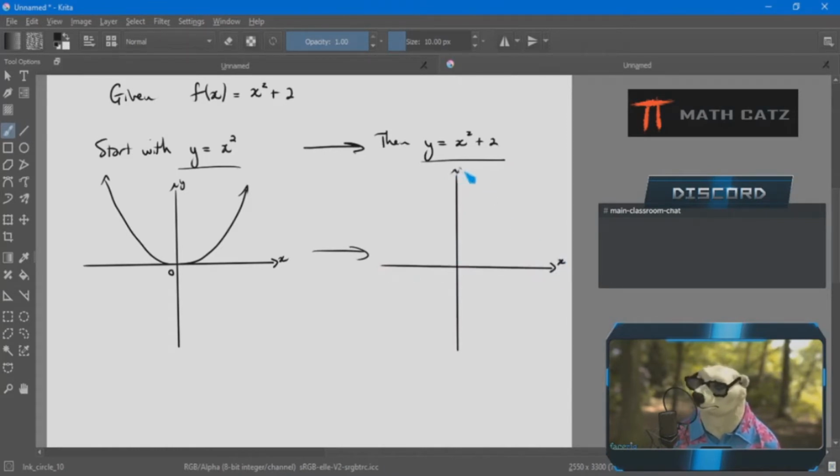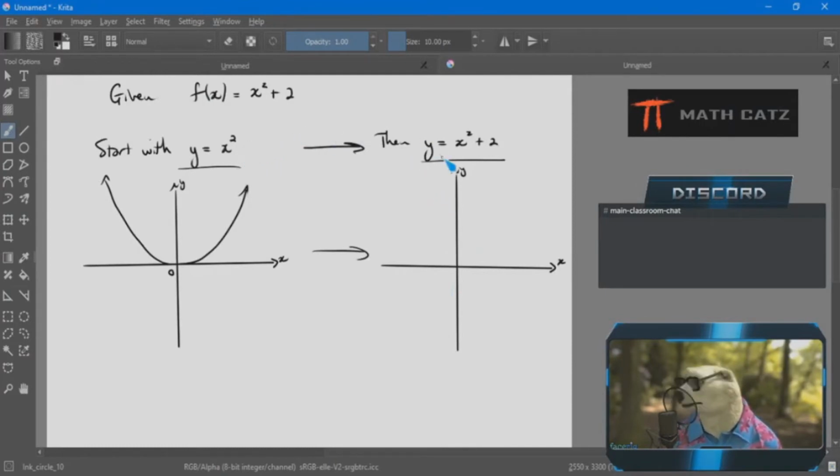Now I know there are some people sitting there like, why is he making such a big deal of a vertical shift? Well, because later on it's not going to be that easy perhaps, and there are traps that I can easily fall into without realizing it if I don't approach this in a specific way.